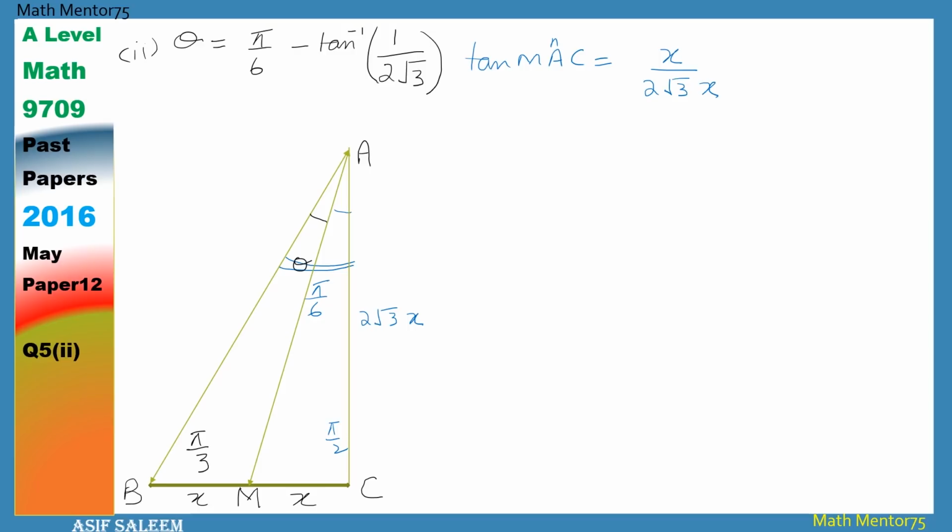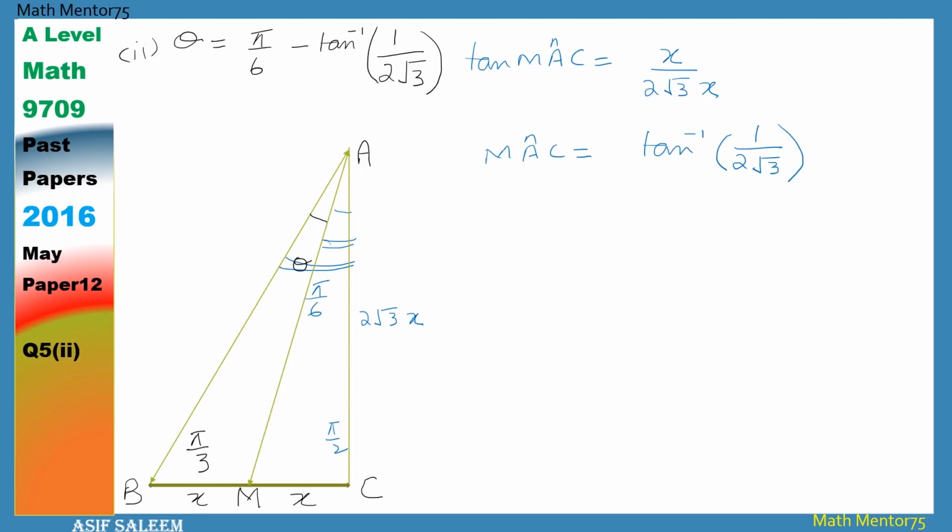X cancel out and we have our angle MAC equals to tan inverse of 1 over 2 square root of 3. This is our angle MAC. This small angle, this much is.